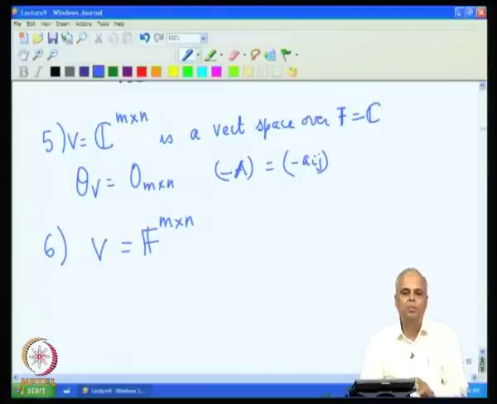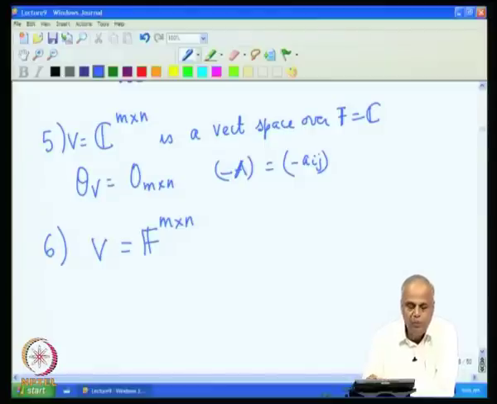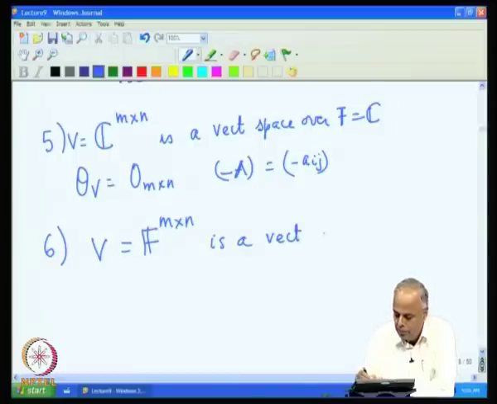So, we will be talking about binary matrices, matrices whose entries are only 0 and 1. So, we take any field F, consider all m by n matrices over F, and then this is a vector space over F.